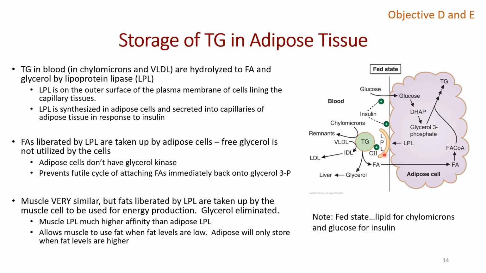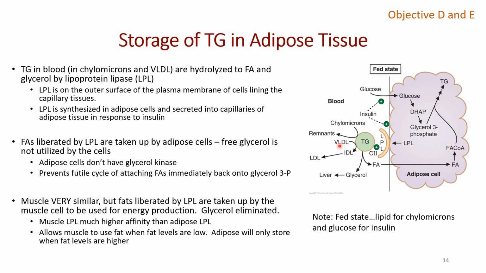And eventually, the particle will become so small that the ApoC2 no longer really has a good exposure. It doesn't really bind very well to the lipoprotein lipase. That thing will come off, and when the particle comes off, if it's a chylomicron, it's called a chylomicron remnant. Most of the fat has been sucked out of it, it's just the leftover pieces.